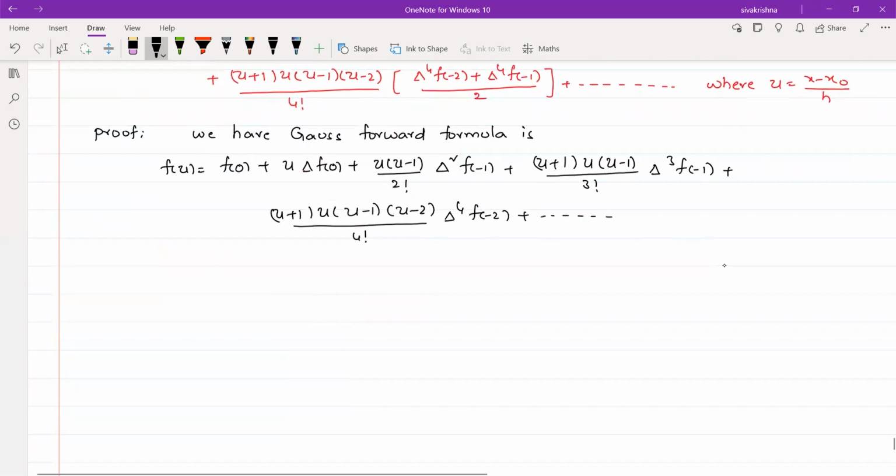And also we have the Gauss backward formula. Treat this equation as equation 1.